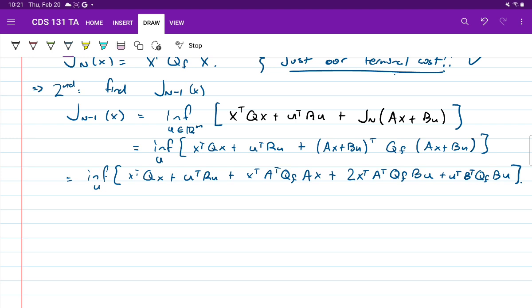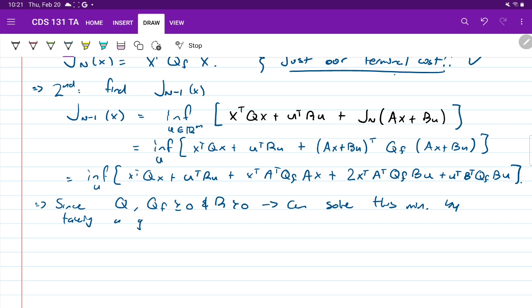I'll assume you've thought of a method, and hopefully what you arrived at is that since Q and Q_f are positive semi-definite and R is positive definite, we can solve this minimization by taking a gradient with respect to u, equating to 0 to solve for u, and substituting this u back in.